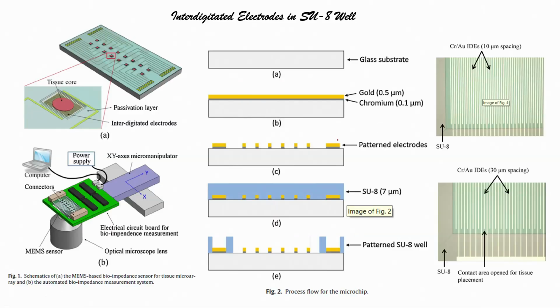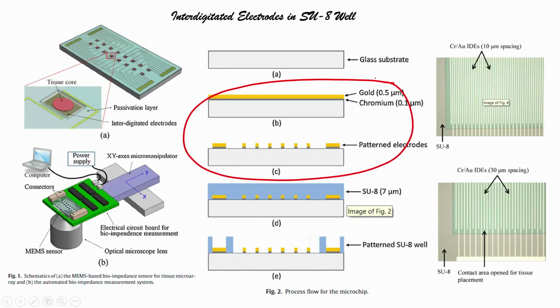We will be concentrating on these two steps, from depositing chrome gold on glass to the formation of patterned interdigitated electrodes. How can we do this? Okay. So, what do we have?